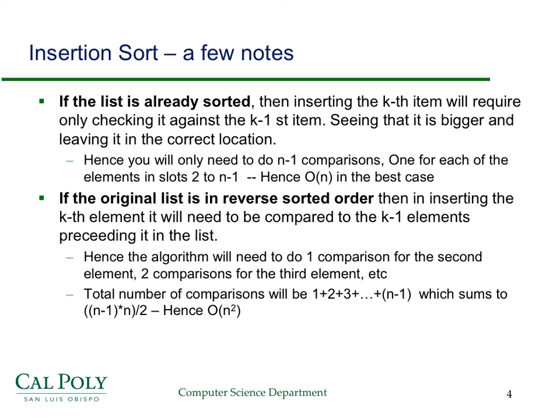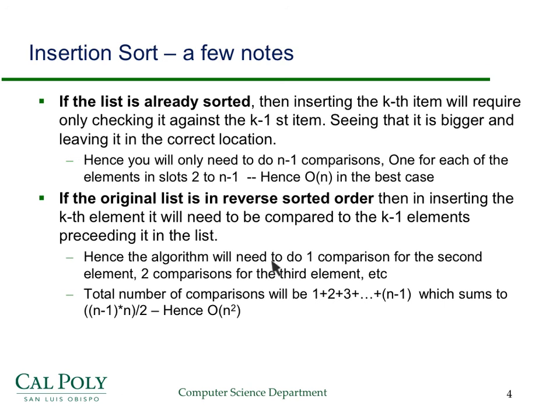The worst case is going to be if the original list is in reverse sorted order. And I'm not going to prove this, but you can sort of see why, because of what happens. When I go to insert the kth element, since the list is in reverse order, it's going to go to the front of the list because it's going to be less than all the items that came before it. So you have to compare it to all the k-1 items preceding it in the list.